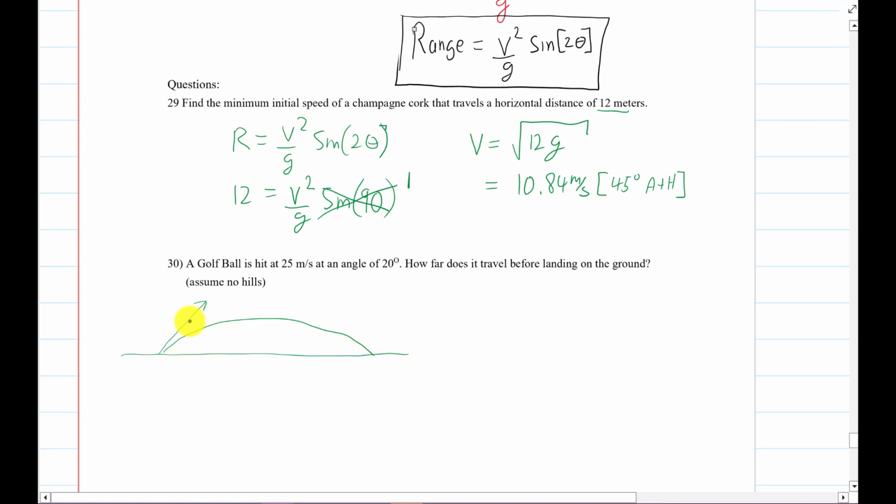It's at a speed of 25 meters per second, angle of 20 degrees. I didn't show accurately there. So we have a range formula that we just developed, and that's what it's asking for, is how far. And how far something travels horizontally is the range of a projectile.